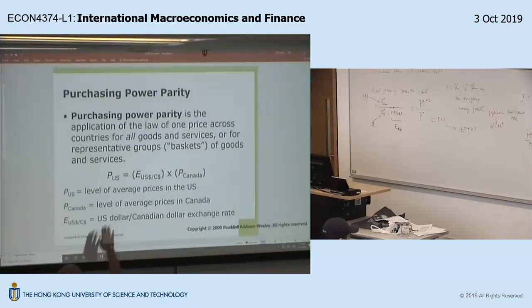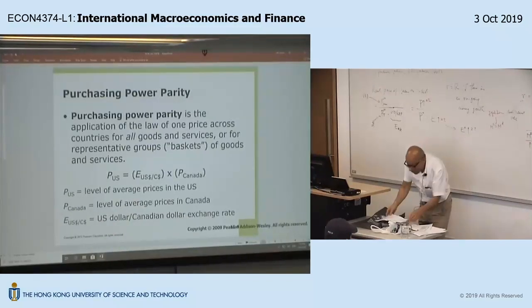So we just look at the percentage change. Maybe that can serve as a model for the long run equilibrium, because what it implies is that this relative price is just constant.